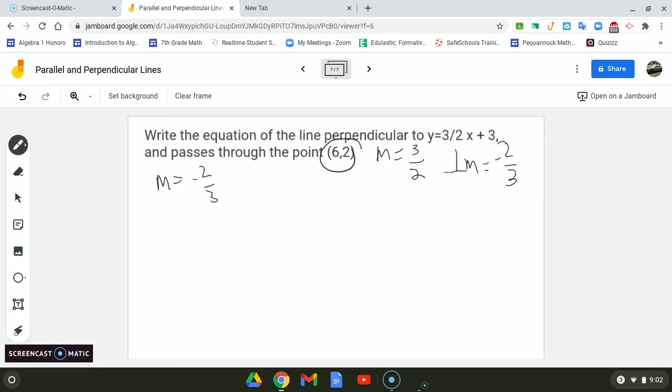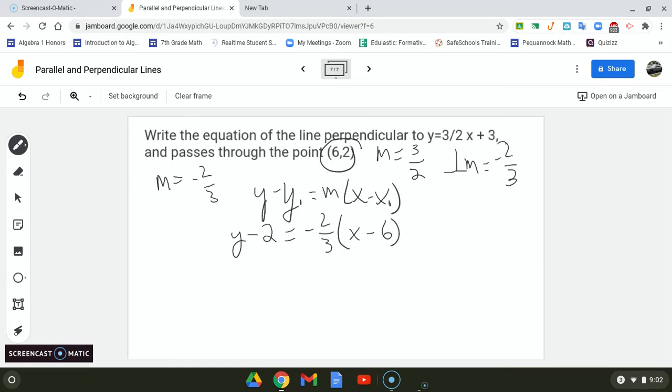You can do it in either form. So it's going to be y minus y0 equals the slope times x minus x0. So we have y minus 2 is equal to our slope, which is negative 2/3, and that's going to be x, in this case, minus 6.